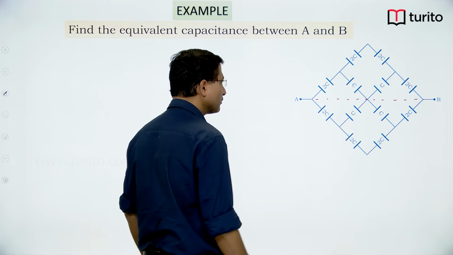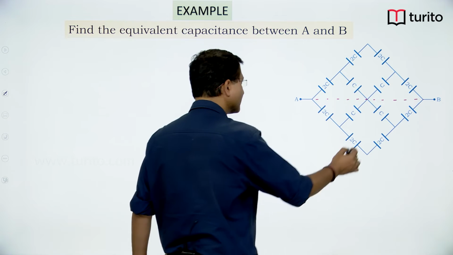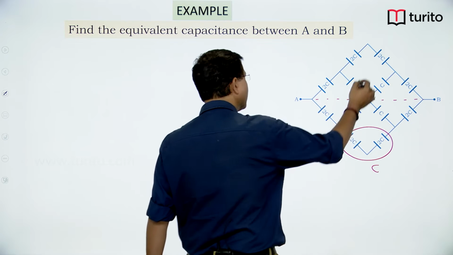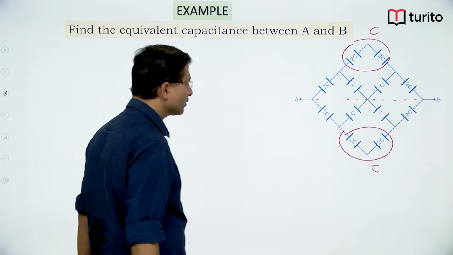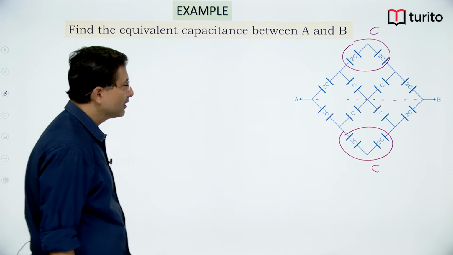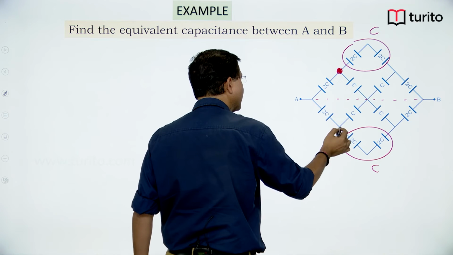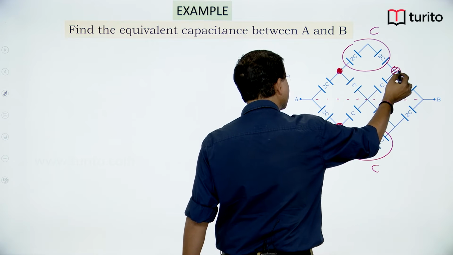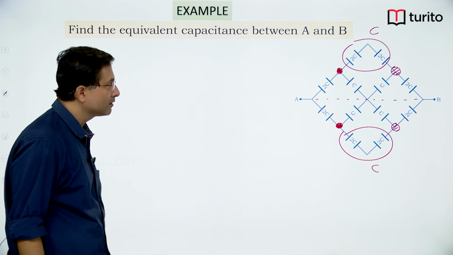So, whatever be the potential here, this I can reduce, and I can make it C, and similarly here this I can reduce and I can make it C. So, after making it C, this potential and this potential will be the same, this one and this one will be same.